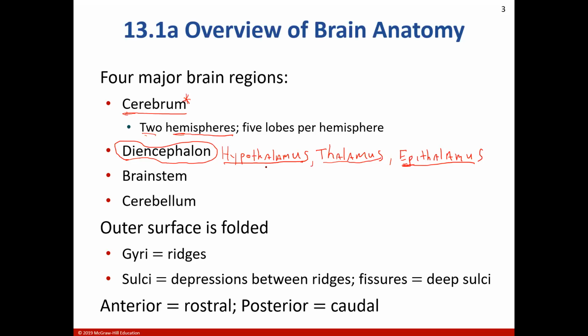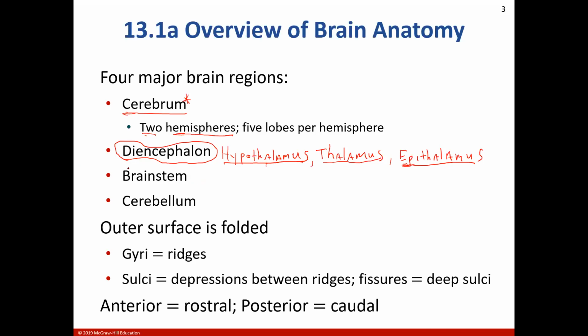Hypothalamus also has a neuroendocrine connection with the pituitary gland, which we'll talk a lot about when we get to endocrine. So the pituitary gland and the pineal gland are not nerve tissue, they're endocrine tissue, making and secreting hormones.